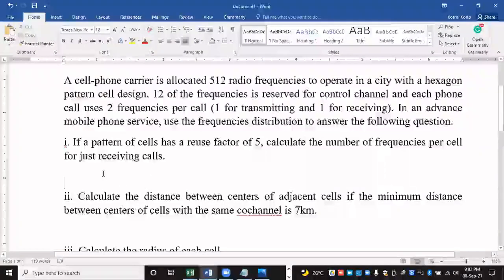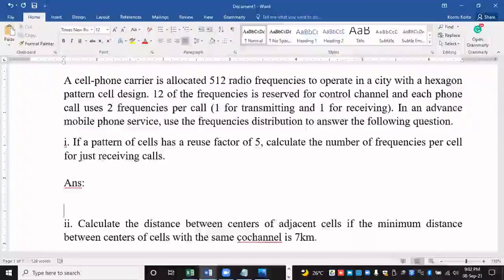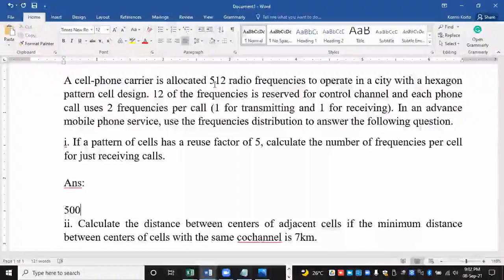So the answer will be based on 500. We're getting 500 because it was 512 and we took 12 out for control channels. So technically we only have 500 to use for our cellular transmission operations.